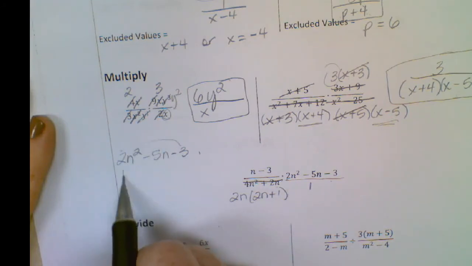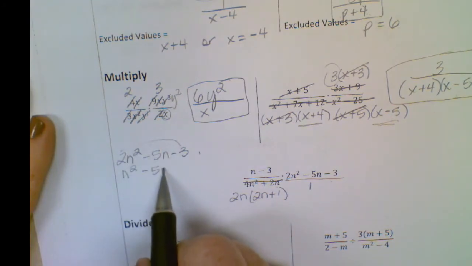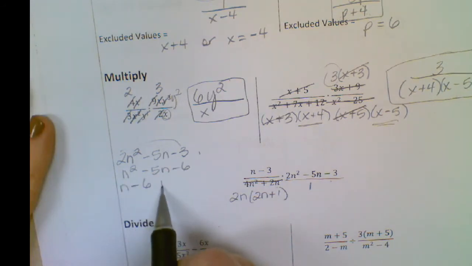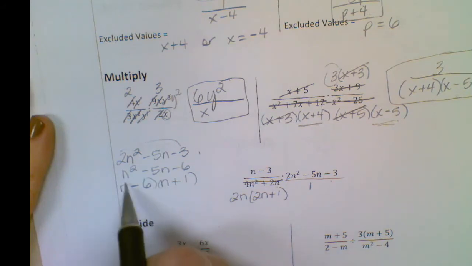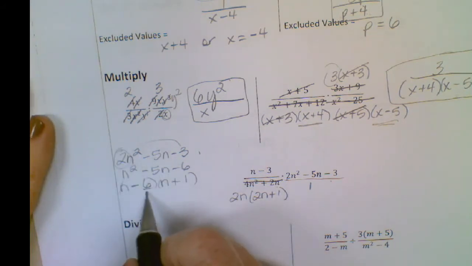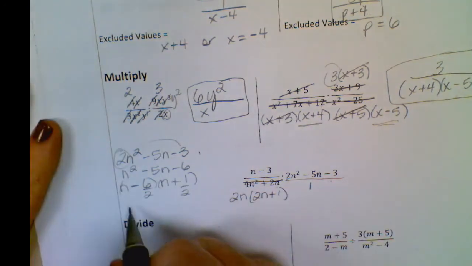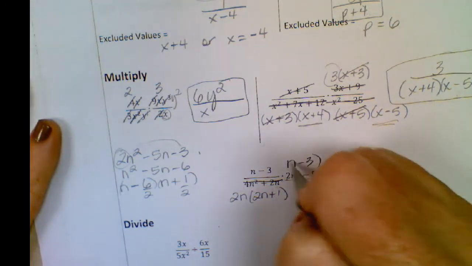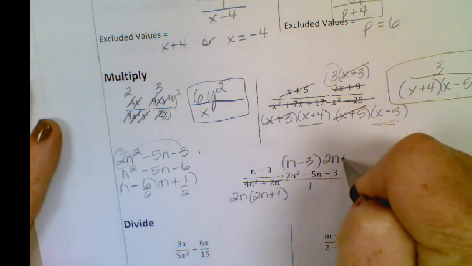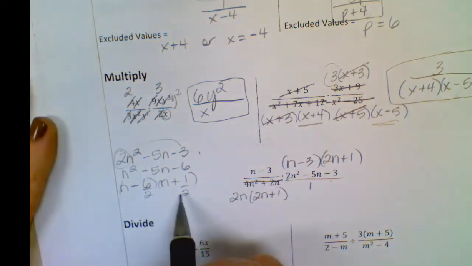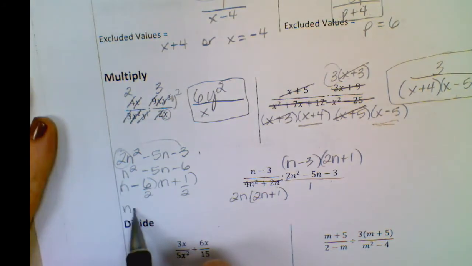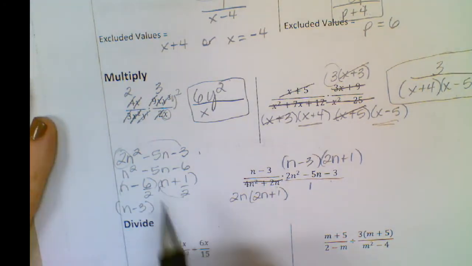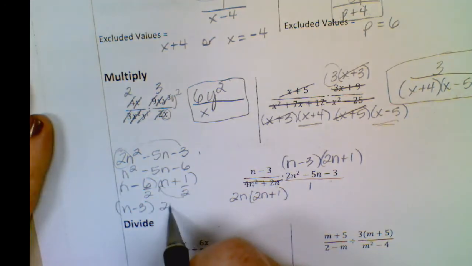BFDs, I'm going to bring that across, get n squared minus 5n minus 6. So the factors of that are n minus 6 and n plus 1. I need to divide out that a value, so my factors are n minus 3 and 2n plus 1. Because if this does not reduce down to a whole number, we just swing that denominator out in the front.